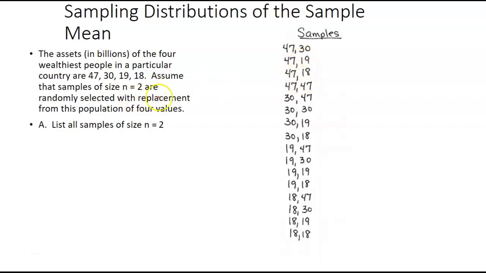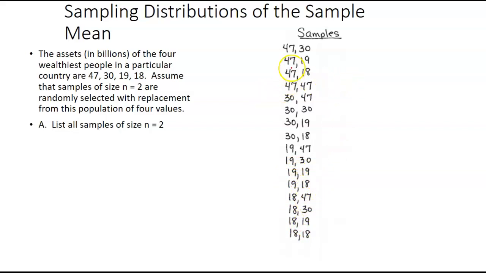Since we're doing this with replacement, I could even have 47 and 47. Then if I pick 30 the first time, I might have 30 and 47, 30 and 30, 30 and 19, 30 and 18. Then moving on from there, 19 and 47, 19 and 30, 19 and 19, 19 and 18, and so forth.